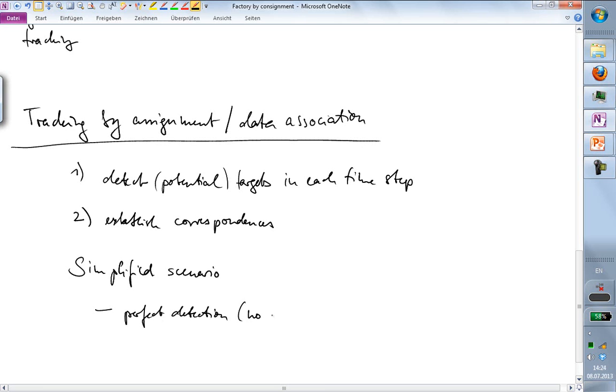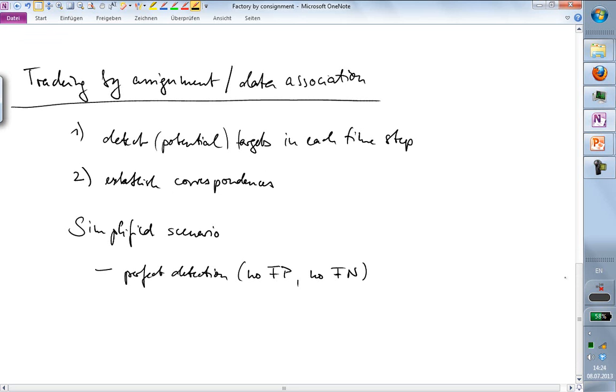What I mean by that is that we have no false positives and no false negatives. So we detect all particles, and all the particles that we detect are really particles and not something that we have fantasized into the data.